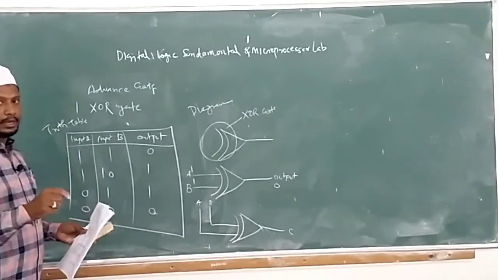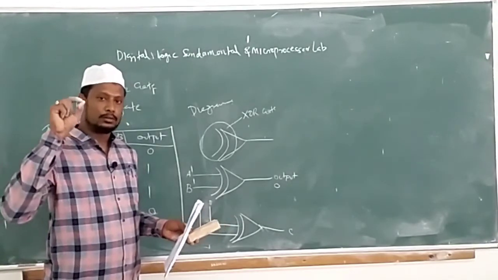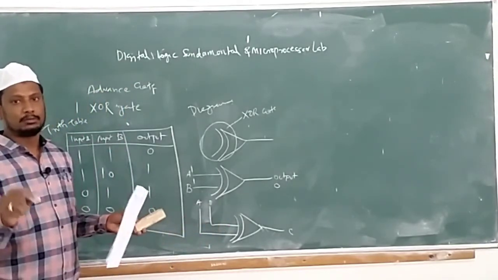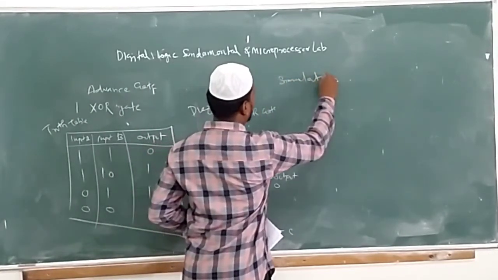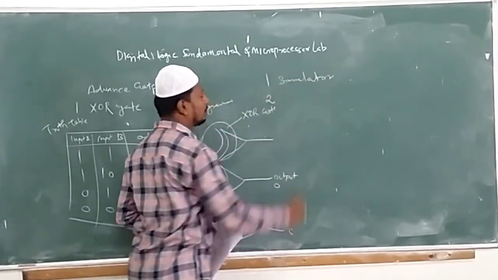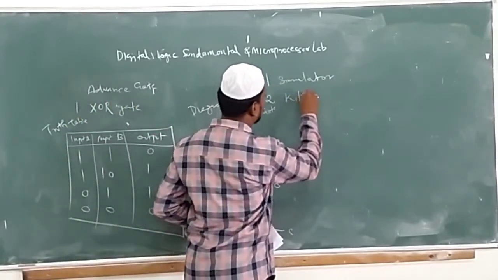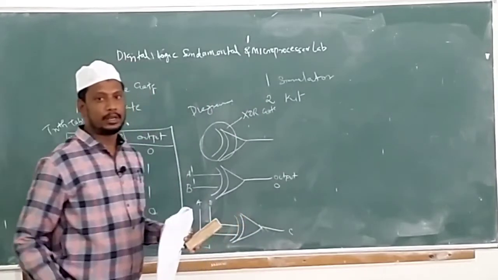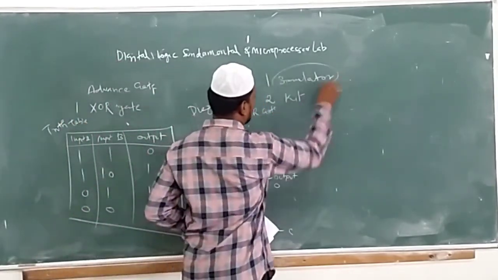I will explain the simulator tools in your system. You can generate the simulator. So, this is simulator 1. Again, you can use the kit. This is the kit box with your kit items, and this generates the system output.